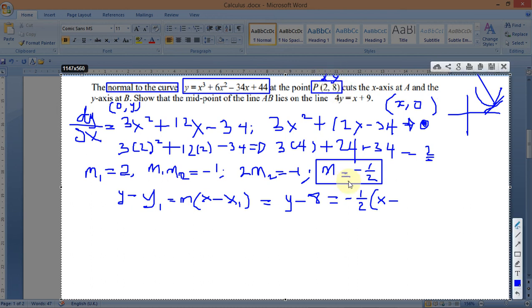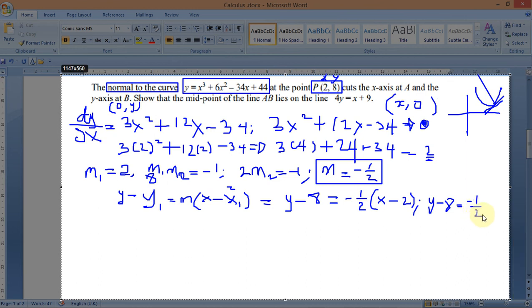I want to find the general equation now. So y1 is 8 here, and x1 equals 2, so I substitute x with 2. So y minus 8 equals minus half x, and plus 1, because minus half times minus 2 gives you plus 1. At this point, let me make y the subject of the formula. So y will give me minus half x.